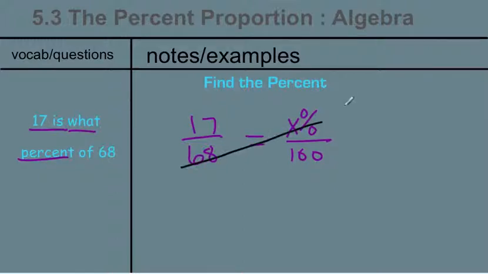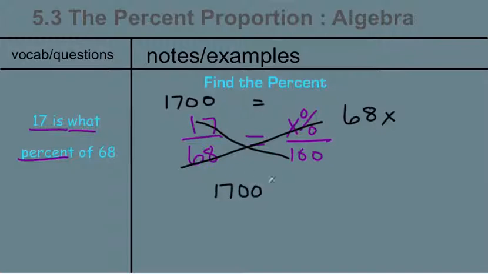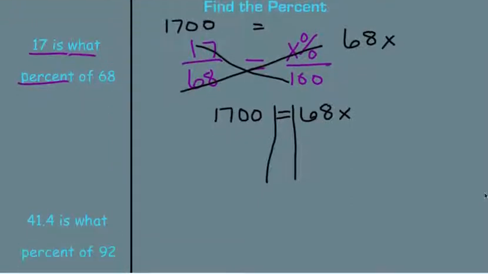No simple way about it. Do your cross multiplication. This would be 68x. This would be 1700 and an equal sign. 1700 equals 68x.